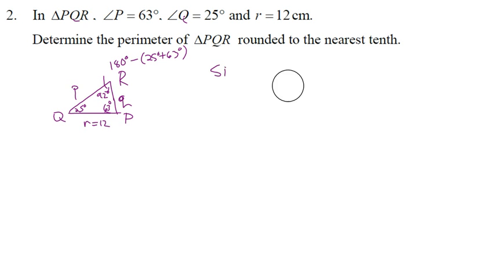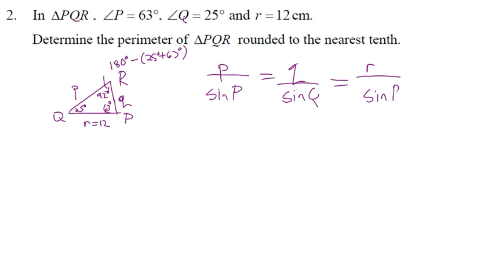All right, where were we? We want to find little p, so it's p over sine P. Now I'm going to show you something. Let's say we didn't have angle R a moment ago. I've got angle Q, angle P, and little r.